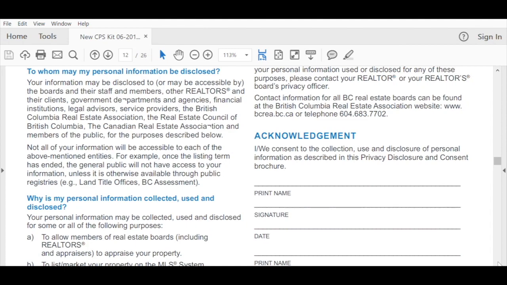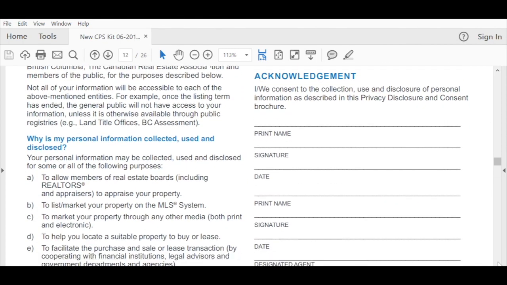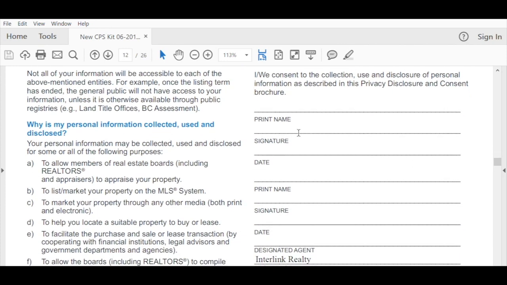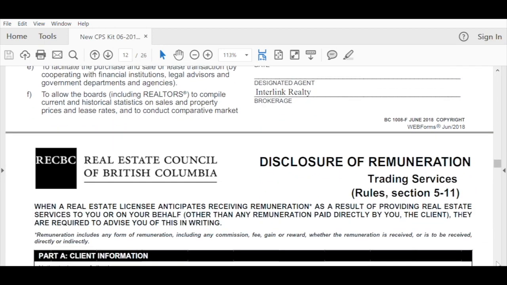It's similar to the previous working realtor. And then you will have the consumer print the name, sign here, as well as your signature to acknowledge that you can collect personal information for the whole purpose to prepare the contract of purchase and sale.